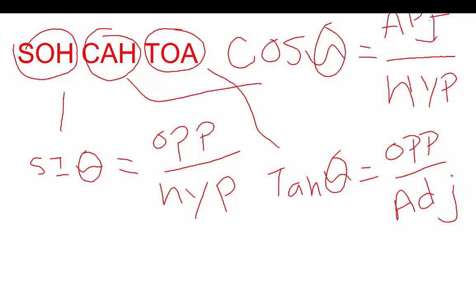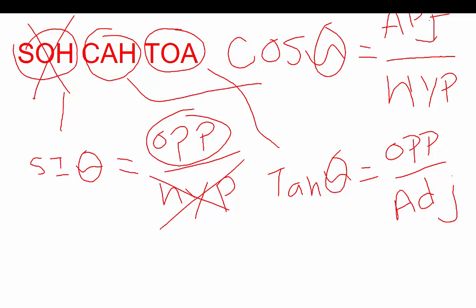So what you want to do is take a look at SOH and figure out if that's going to work with this setup of how we've drawn out this right triangle. When I look at that, I don't have the hypotenuse, and I'm looking for the opposite. So this is the one I want, but I don't have the hypotenuse.